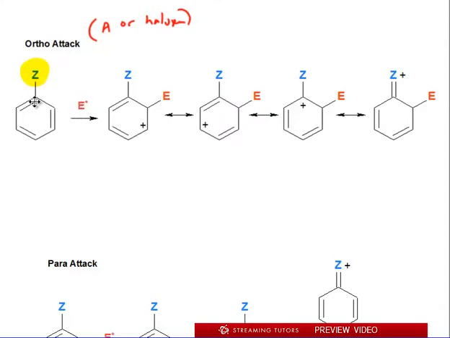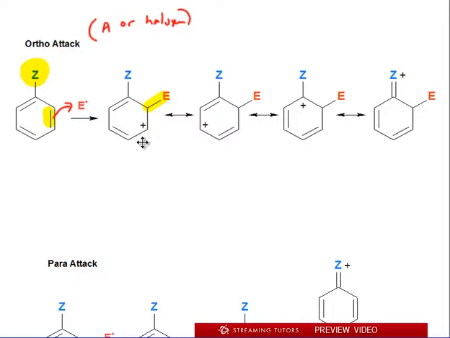So that means that I'm going to put it on the left or the right side of Z. Now, in this example, what I chose to do is to put it to the right side. So notice how E winds up over here. And notice that by doing that, this double bond winds up going over to E. Now that means that the positive is down below.